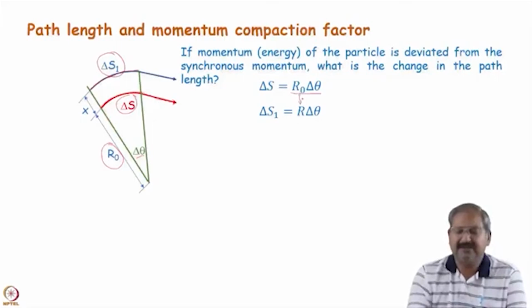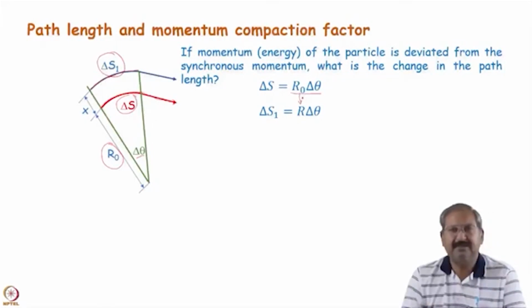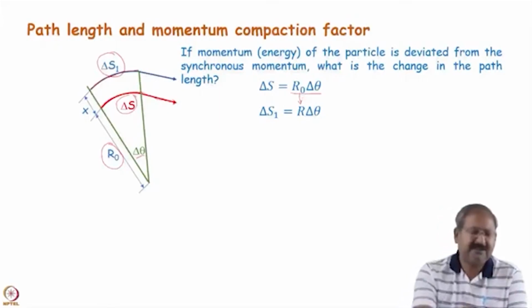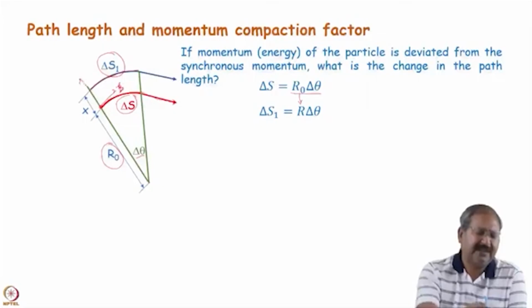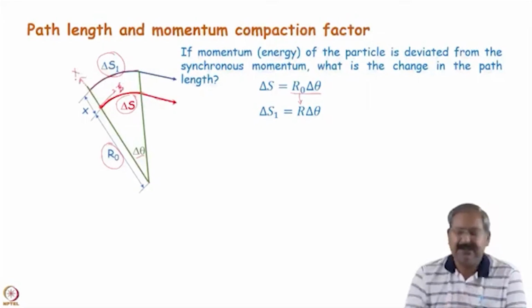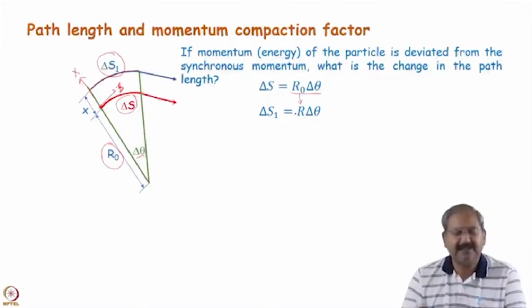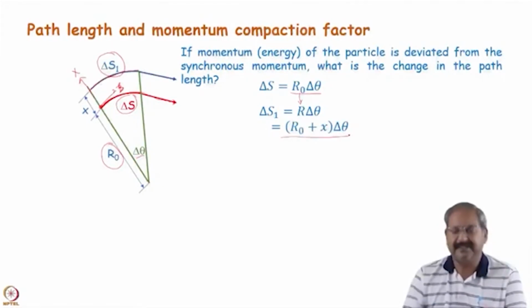Instead of r0, it will have some r because momentum has been changed. Now r is basically in the transverse coordinate system. You can see that here the origin is where the synchronous particle is, this is the z or s, and this is the x. So r will be x plus r0. So we have written r0 plus x times delta theta.